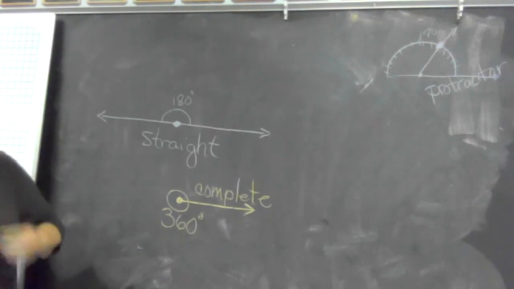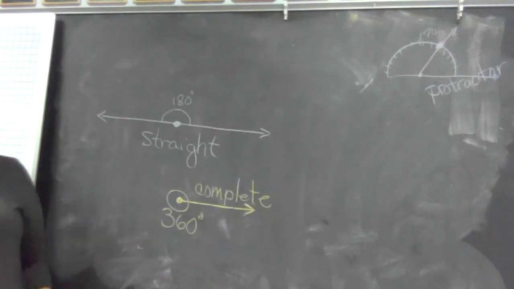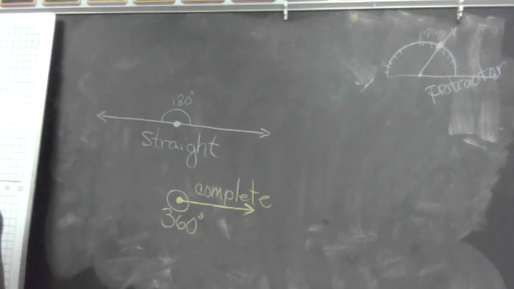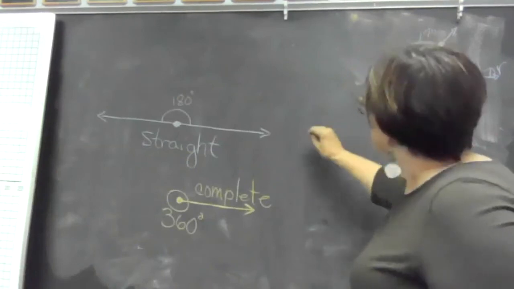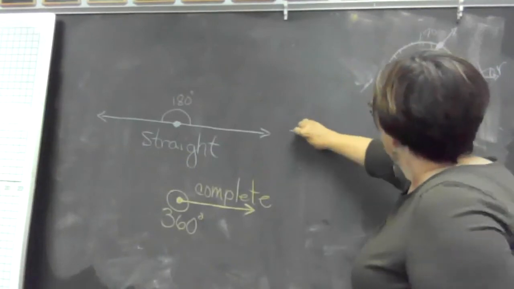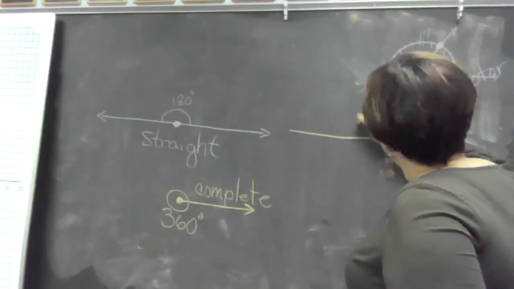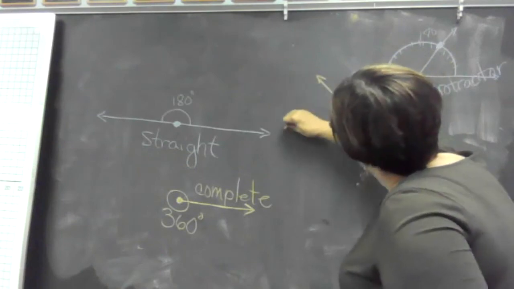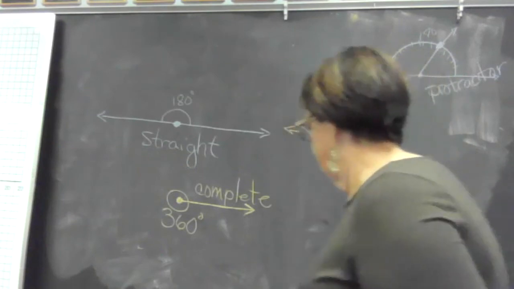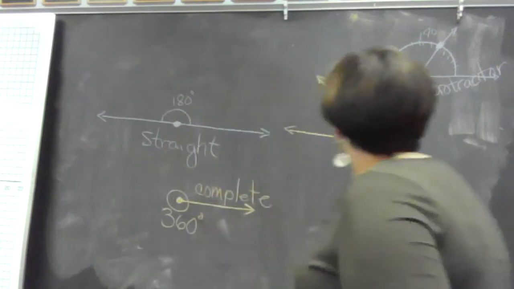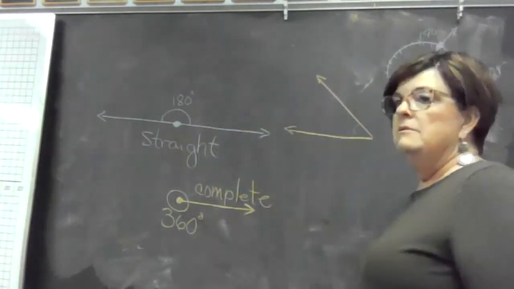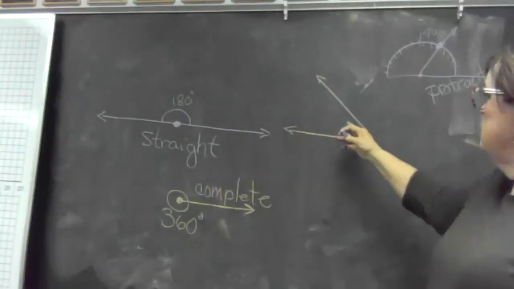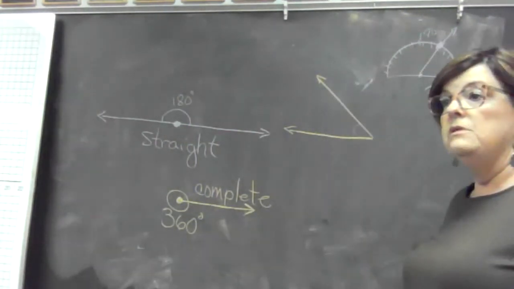Okay, and the last one that they have on this page is called a reflex angle. I'll try to write a definition. Let's say we have this angle. This is the angle that we usually talk about, right? What kind of angle is this? Acute. This is an acute angle because it's less than 90 degrees.